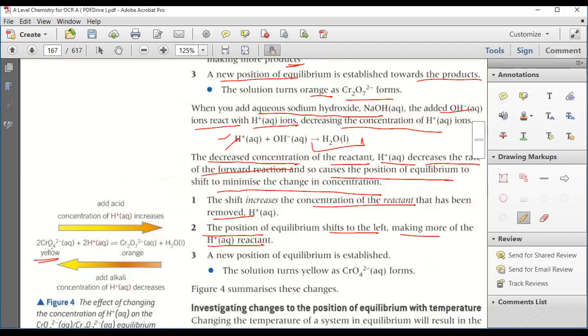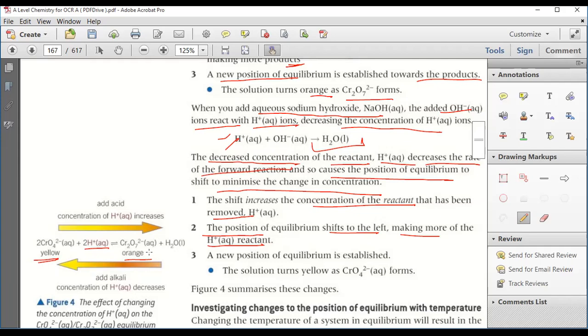This is CrO4 2-. Now the concentration of H+ ion increases, which means the concentration of reactant is increasing, so the reaction will move in the forward direction. It means you will get an orange color of potassium dichromate solution, Cr2O7 2-.